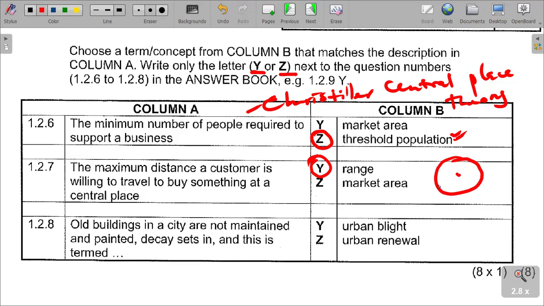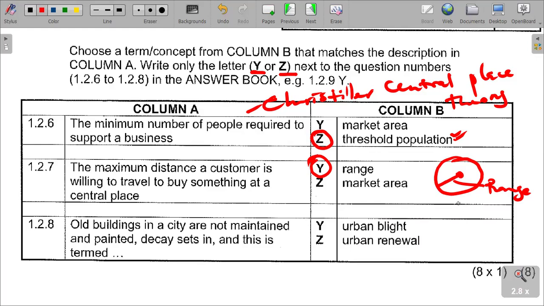The distance that customers travel from wherever they are coming to where they can get the service, up to where they can get what they want, we call that a range. It is the maximum distance customers are willing to travel to buy something from a central place, and therefore it tends to change with the classification or grading of the service or product that customers are going to buy.